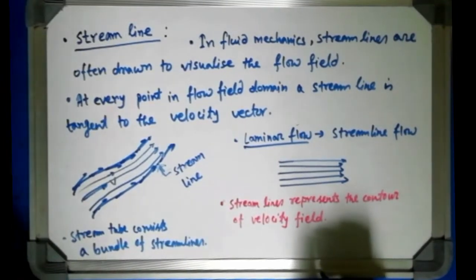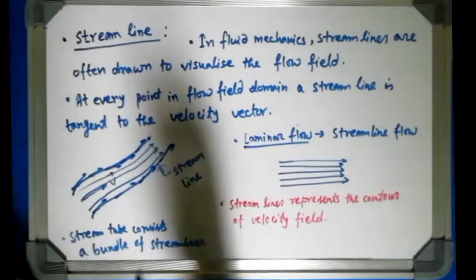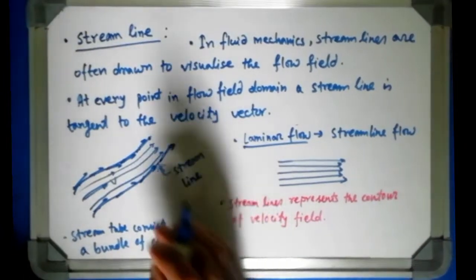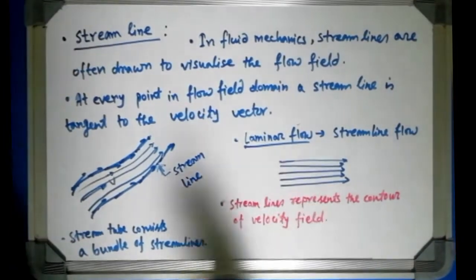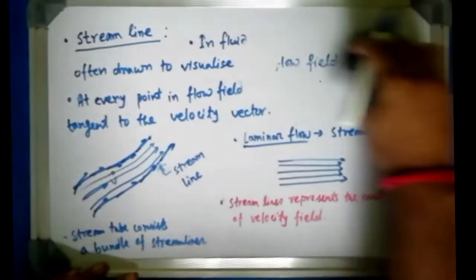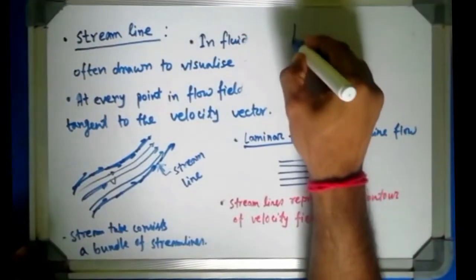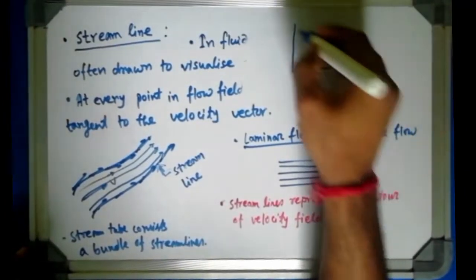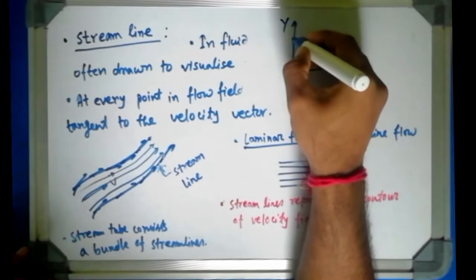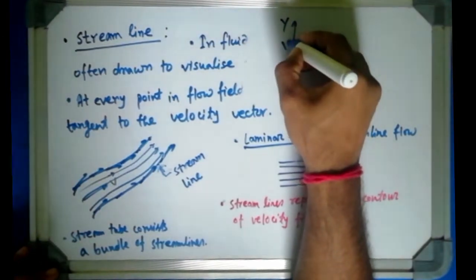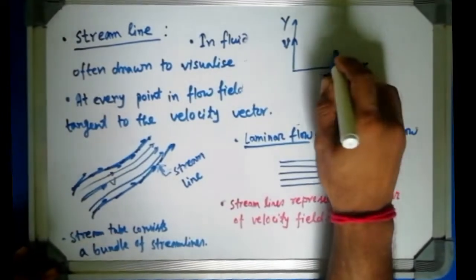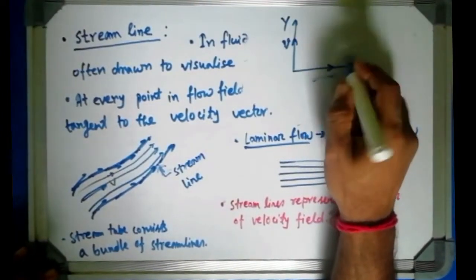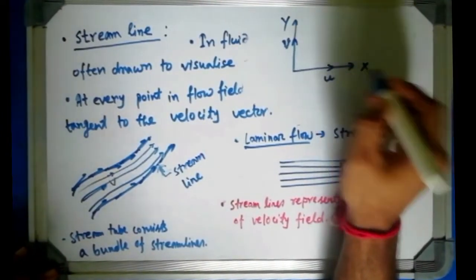Okay. Now suppose we have a streamline and we try to find out the slope of that particular streamline. Like this manner, suppose this is my x-axis and y-axis. The y-axis is representing the velocity component v, we know these things, and the x-axis is representing the velocity component u.